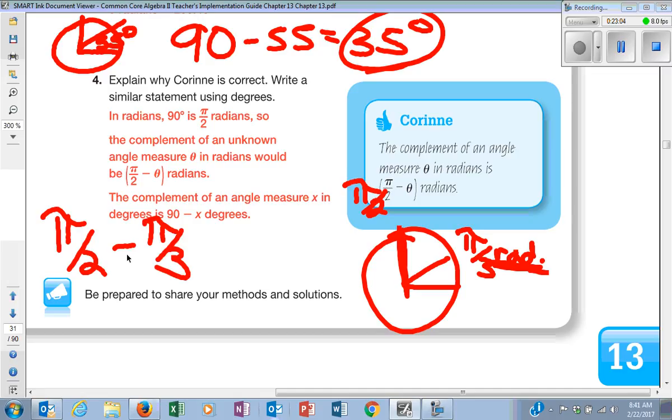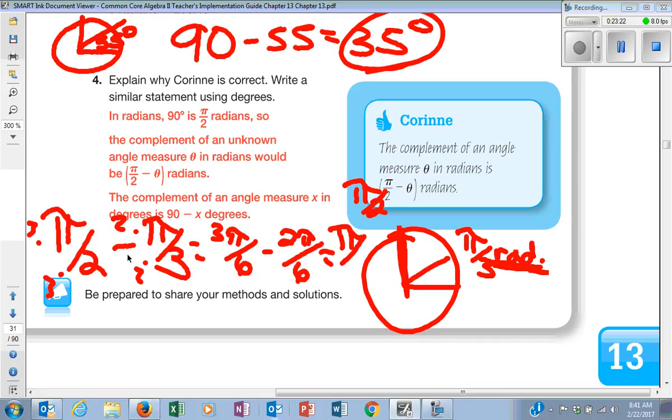We understand we can't just subtract fractions without common denominators, so I times by 3, times by 3, times by 2, times by 2, and I really get 3 pi over 6 minus 2 pi over 6, and I realize my complement to pi over 3 is pi over 6, because pi over 6 plus pi over 3 will equal pi over 2, aka 90 degrees. Thumbs up?